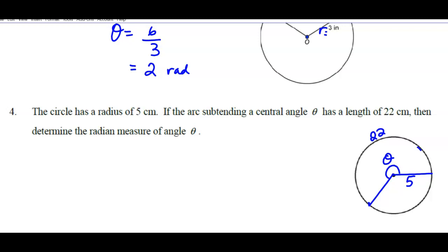And again, I'm finding the angle subtended by the arc length given to you, not the minor angle. So we're finding theta. It doesn't say to round, right? I guess if you did, it would be 4.4.